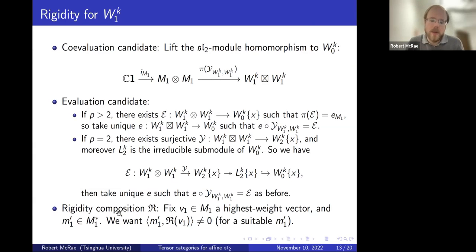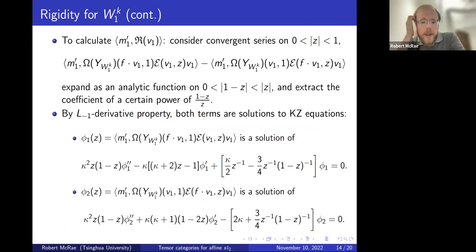So then we want to compute this rigidity composition. We want to show it's non-zero, so it's enough to show that some matrix coefficient of it is non-zero. I wanted to show a few differential equations because this is something I didn't mention in the Montreal talk. So here is the strategy for computing this matrix coefficient.